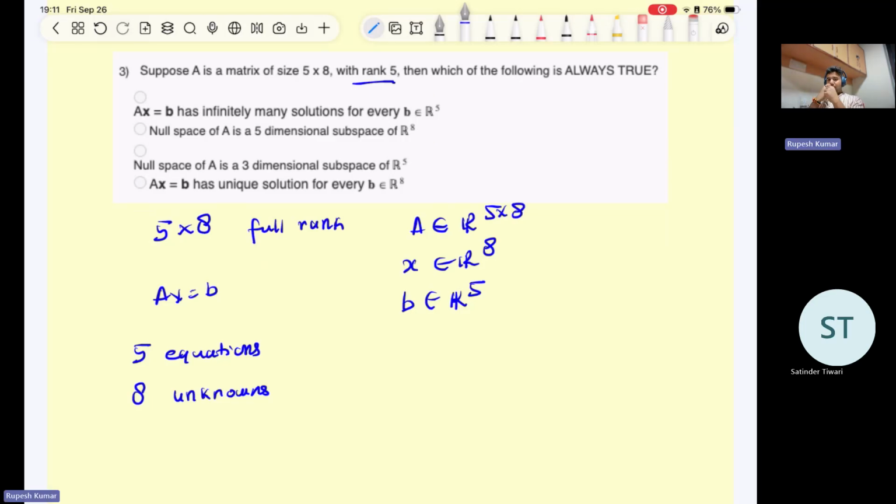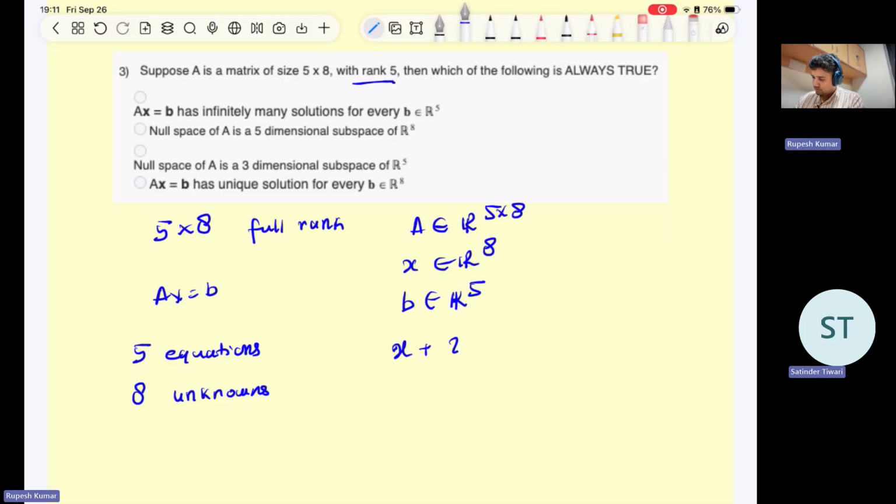So this is an underdetermined system of equations, right? What happens in these scenarios? Maybe no solution or infinitely many solutions. We are going to get two situations. Okay, so let's check this out.